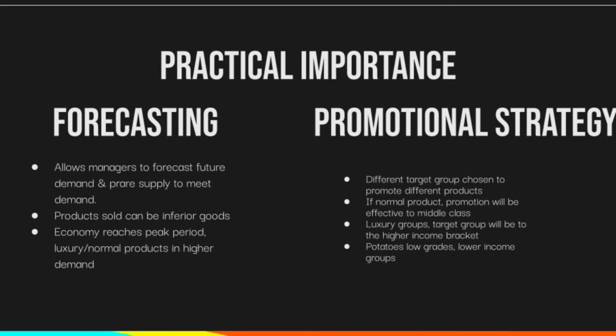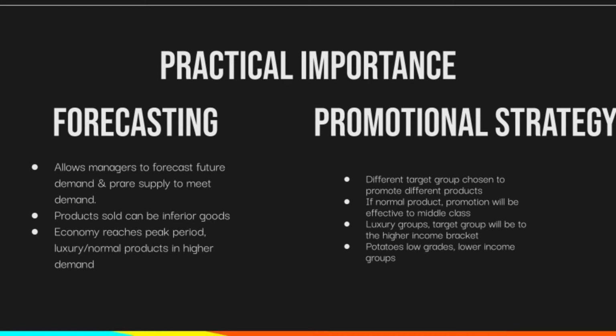Practical importance of income elasticity of demand. We have two types: forecasting and promotional strategy. For forecasting, it allows managers to forecast future demand and prepare supply to meet demand. Second, products sold can be inferior goods.